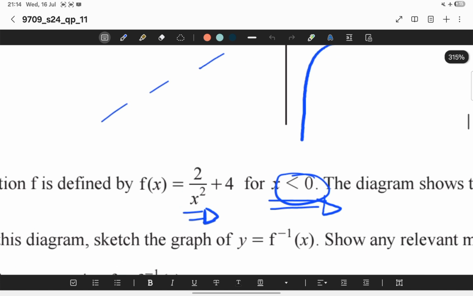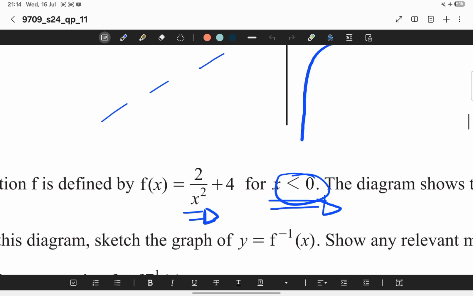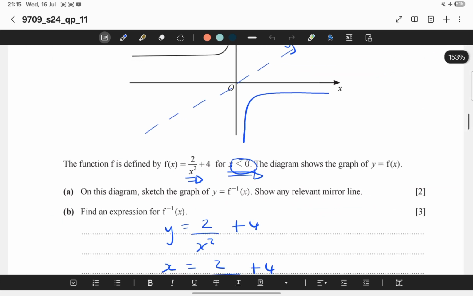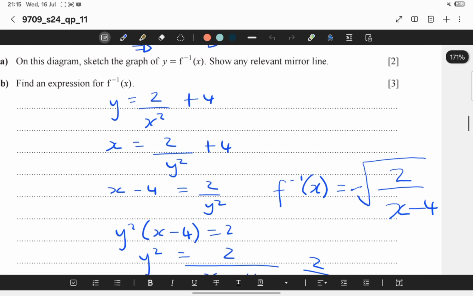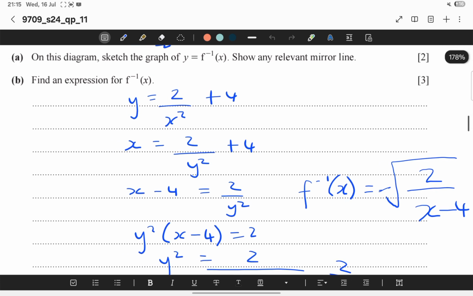And if you look at it, this is 2 over x squared. So for whatever value of x that we put in, because it's being squared, it will be positive. So all values of f of x are going to be positive. And if you look at what we got for the expression of the inverse, there is a minus.